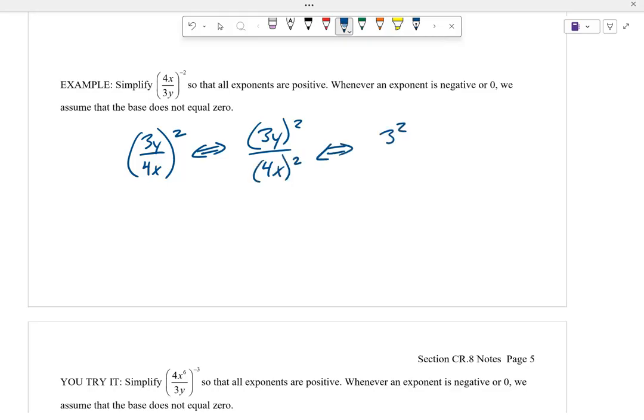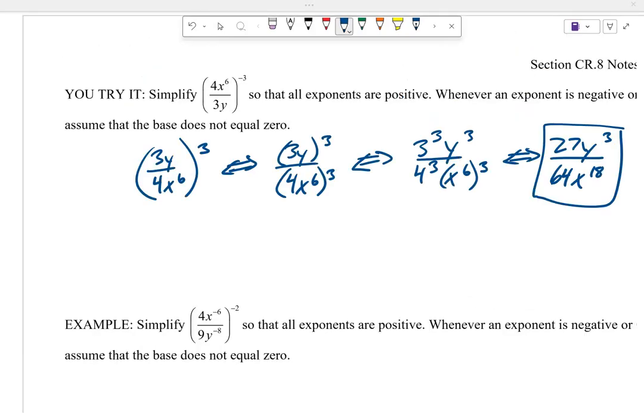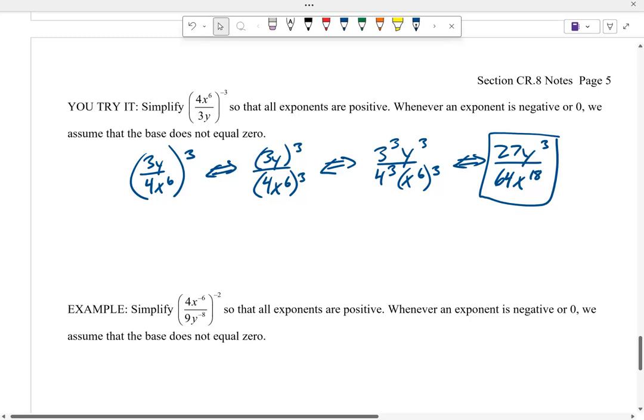So we got 3 squared y squared over 4 squared x squared. So it looks like we got 9y squared over 16x squared on this one. Go ahead and try that next one. Pause the video. Now go ahead and check yourself on that you try problem right there. And then we'll move into the last couple here.